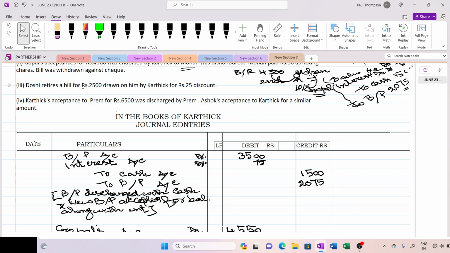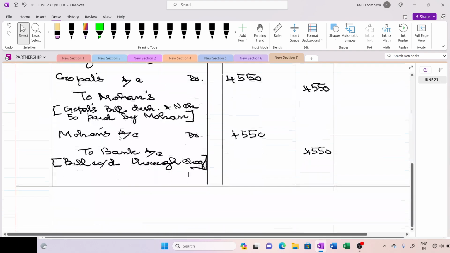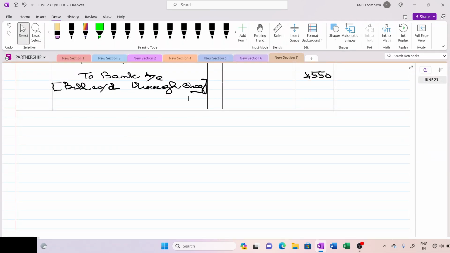So he is making a payment less of 25 rupees. So he is making a payment of 2475. So what happened? Now Karthik is receiving the money. Bank account debit 2475.